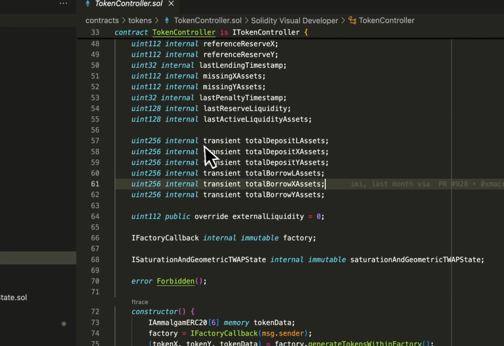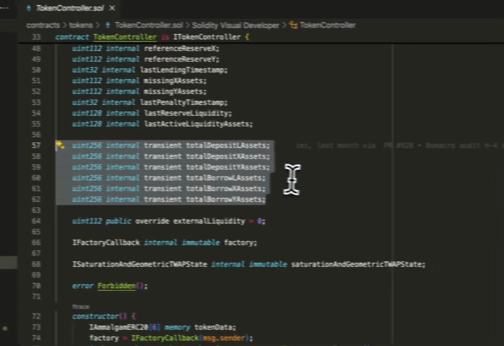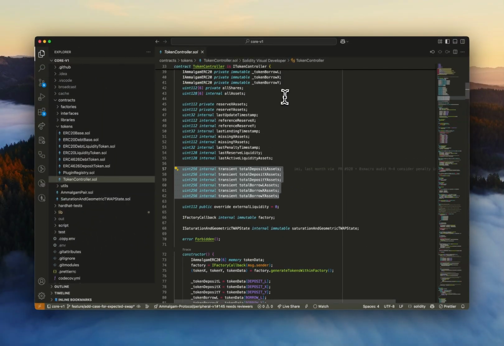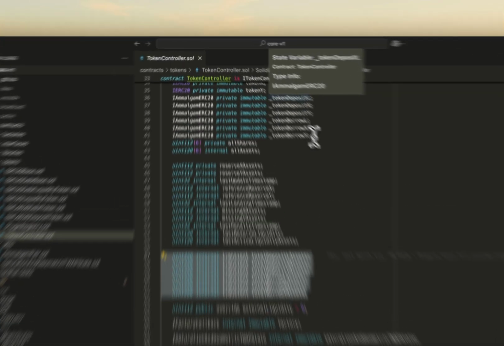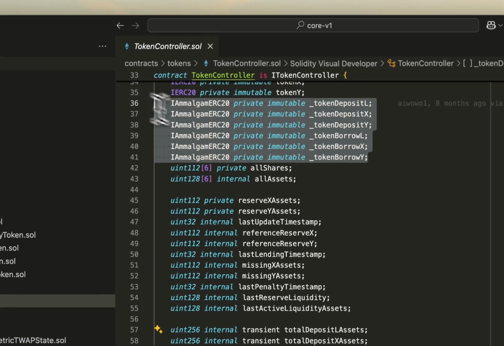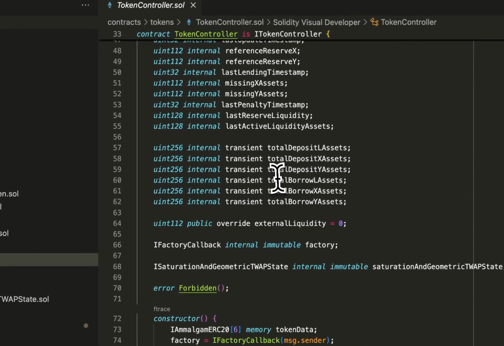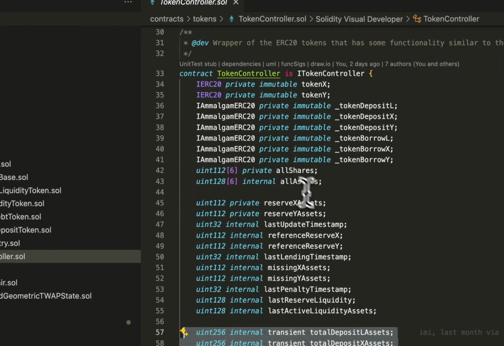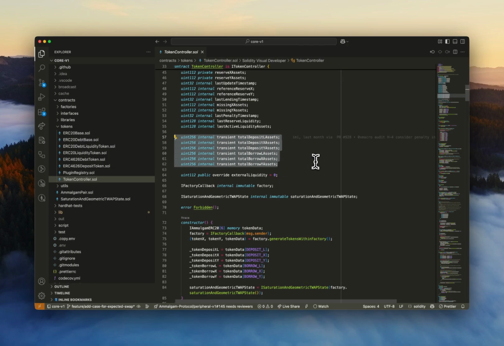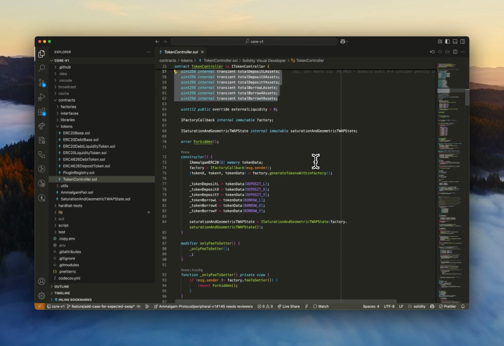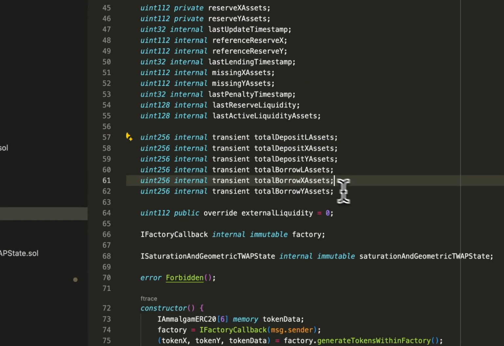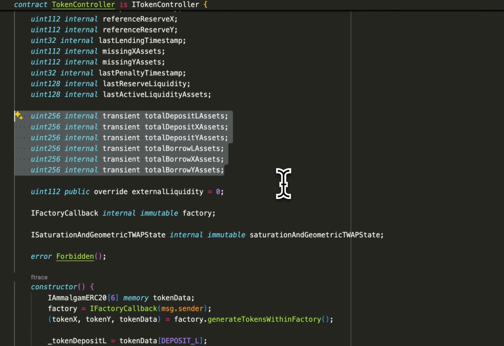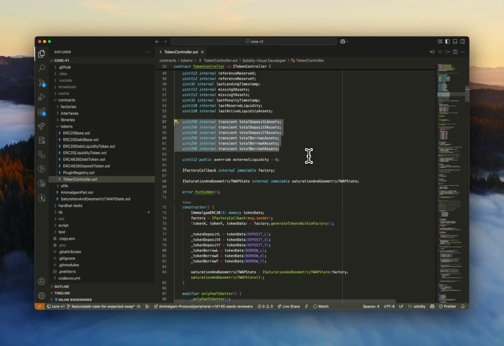These are used to track shares versus assets. Shares are stored actually on the contract. It's whatever the balance is of the receipt token, and then the assets are here. I actually think we may store shares twice, but anyway, these help us to convert and figure out how much interest is accrued for each.